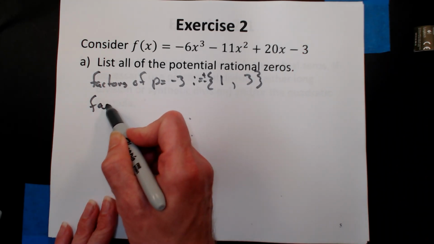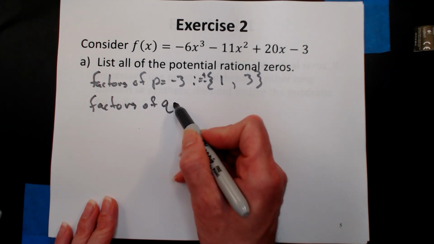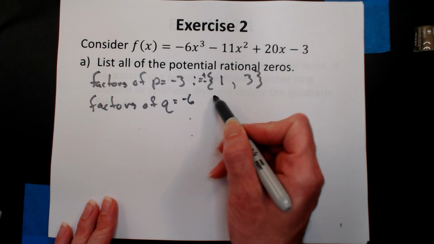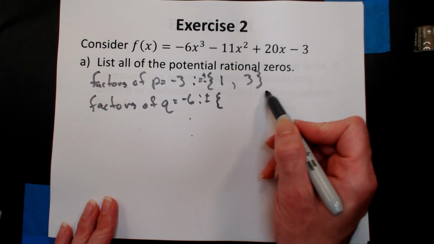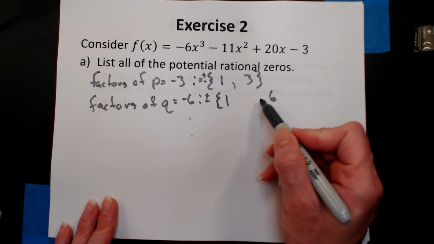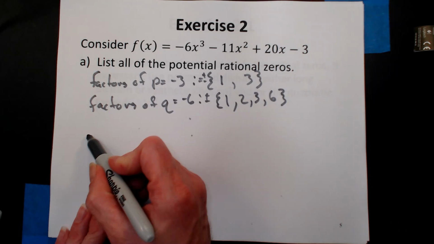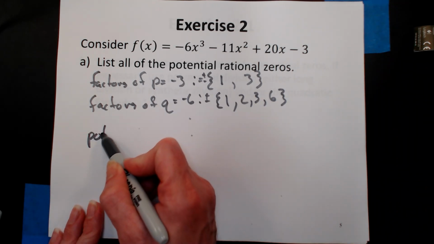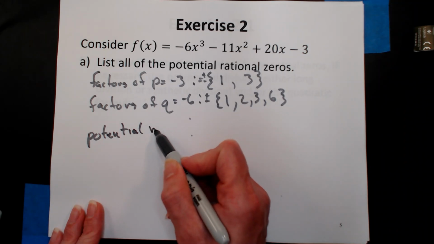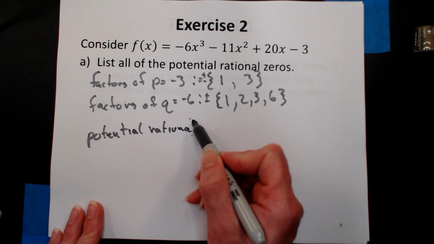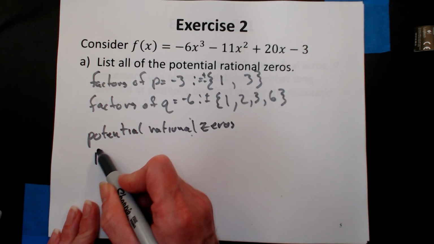And you're going to have factors of q. q is 6, so plus or minus 1 and 6, and then 2 and 3. So potential zeros, I should say, are going to be p over q.